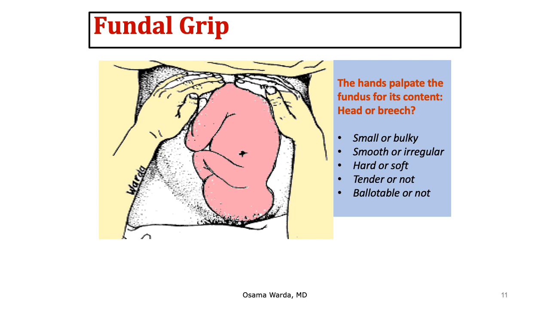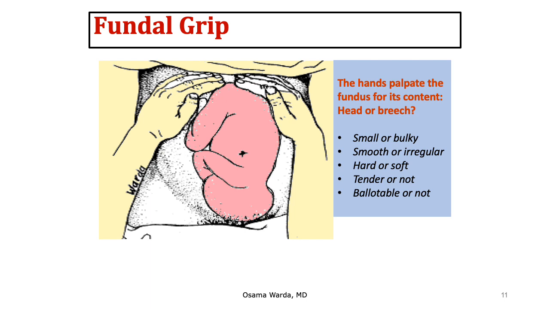So we can obtain some knowledge from this fundal grip. First, the fetal part occupying the fundus is consistent with the head, for example. So the fetal lie of this fetus is longitudinal.